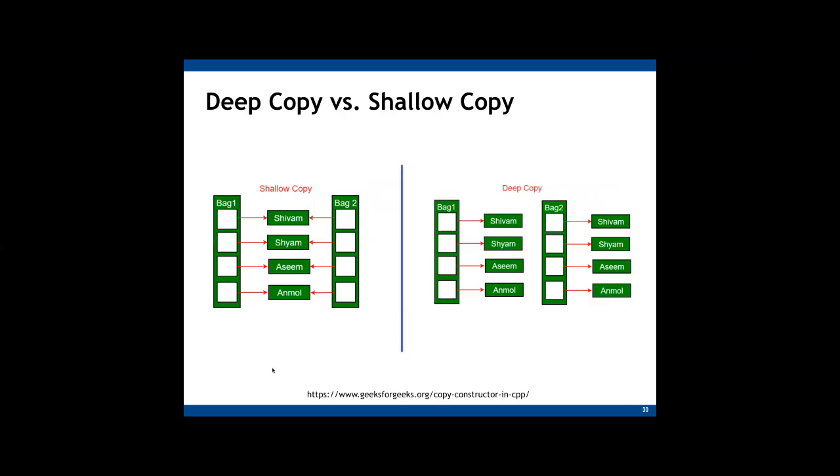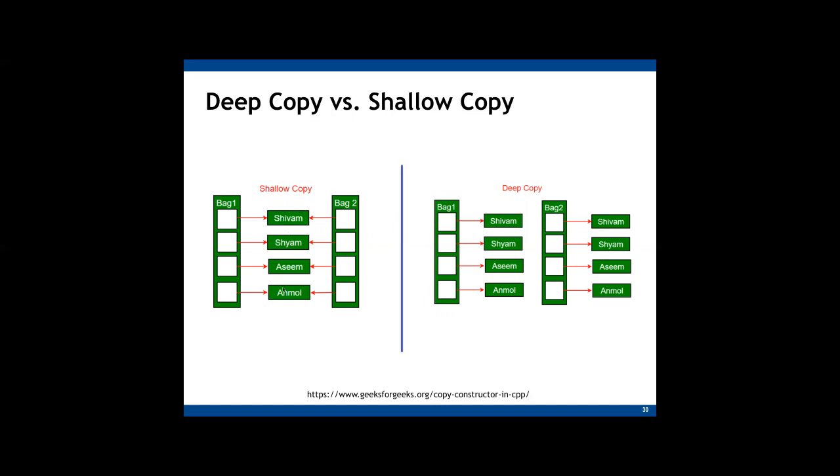This diagram shows the differences between shallow copy and deep copy. As shown in this diagram, there is object bag1, and it has 4 pointers as member variables, and they are pointing to these memory locations.